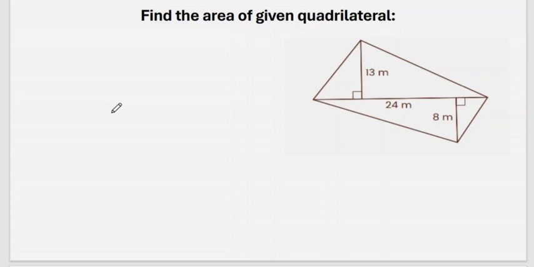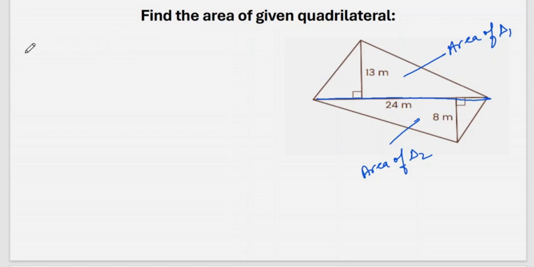But you can see the whole quadrilateral is divided into 2 triangles by this diagonal. Okay, you have got one triangle here and one triangle here. If you find the area of this triangle and area of this triangle, area of triangle 2, and add them, you will get the area of the given quadrilateral.